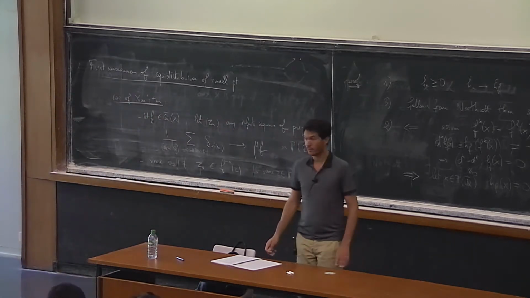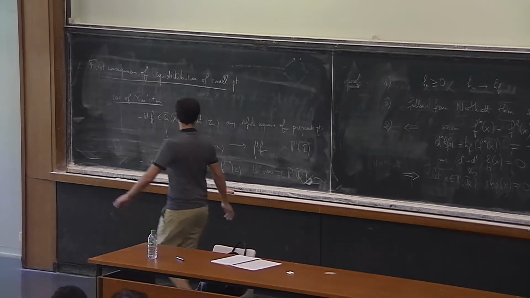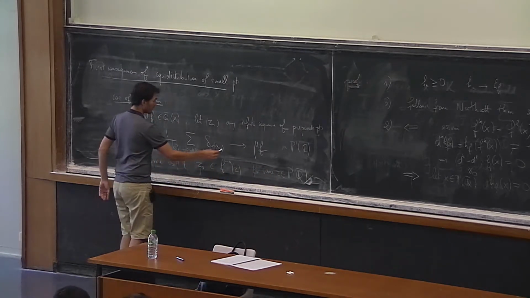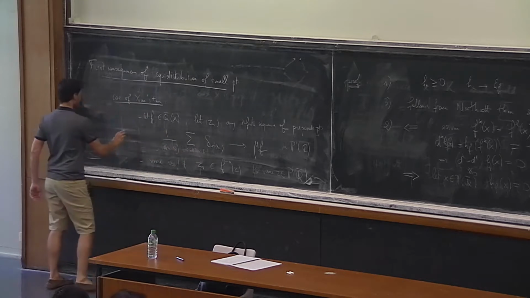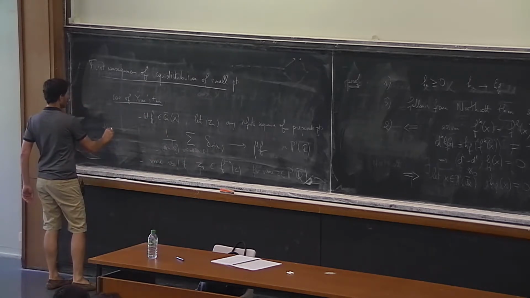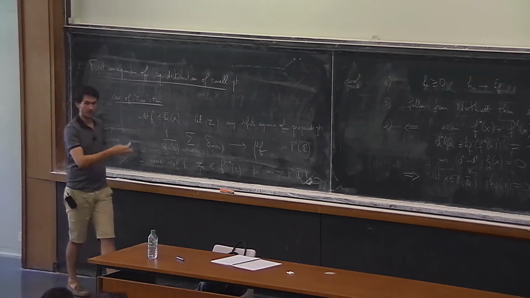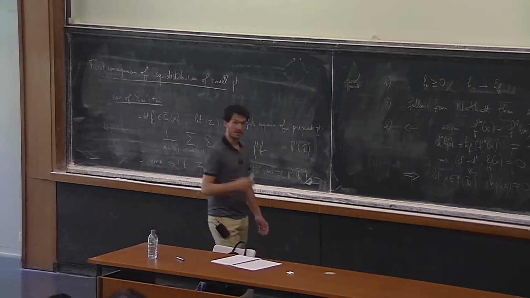Okay, so the reason for this is that in this case, these points have height 0. So this is a point of height 0. So we actually have a sequence of points with height tending to 0.